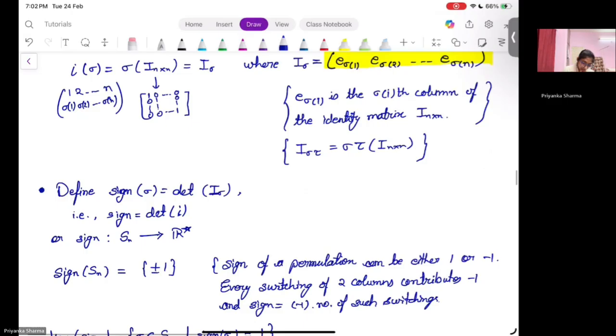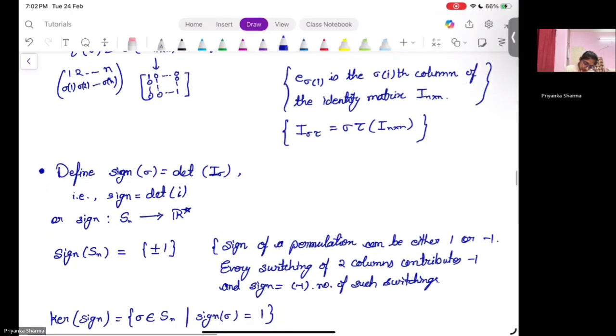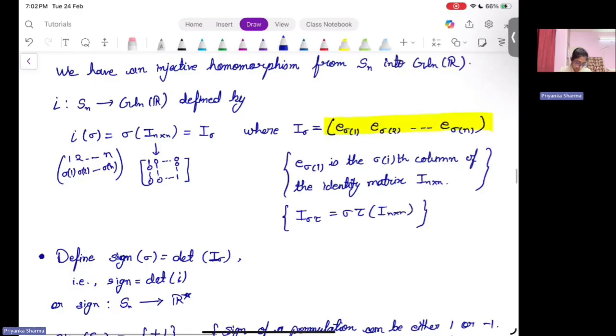Okay, so sign is actually a map which is the composition of these two maps, determinant and iota.